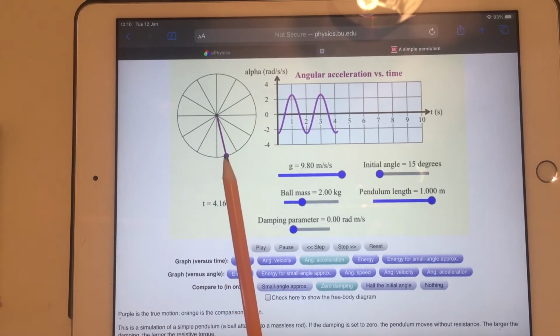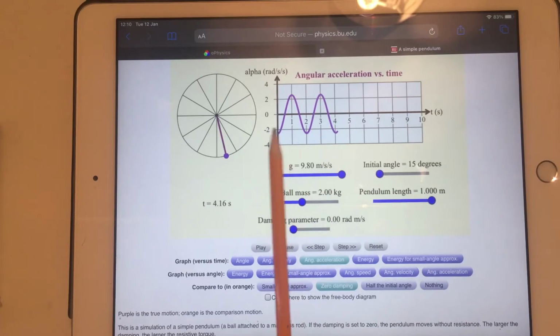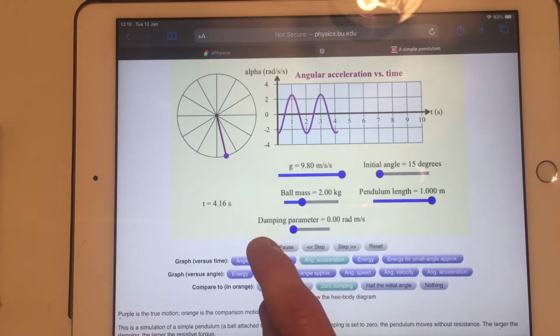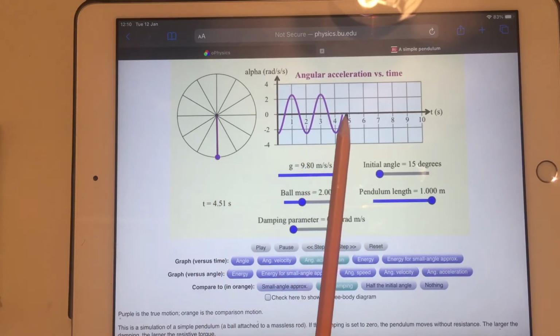So when the displacement is over here and positive, the acceleration is at its maximum, being negative down here. When we are at our equilibrium position, the displacement is 0, and you can see the acceleration is 0 as well.